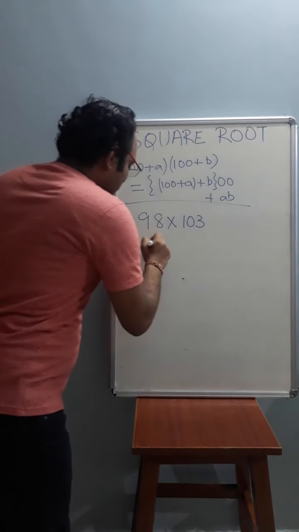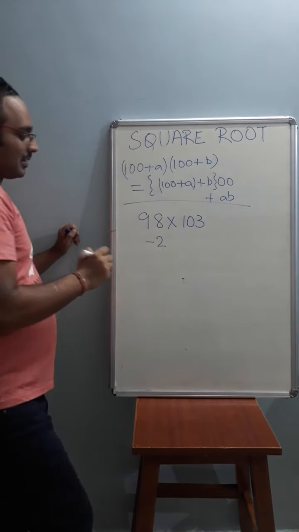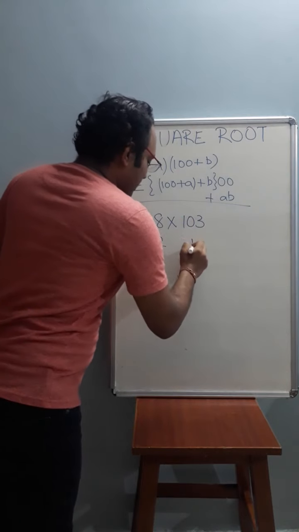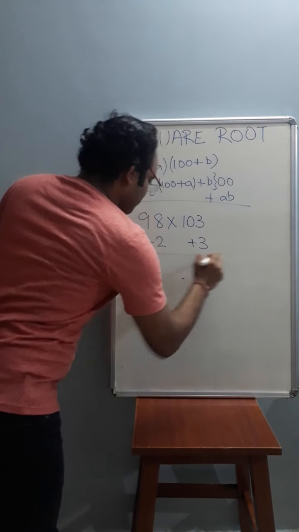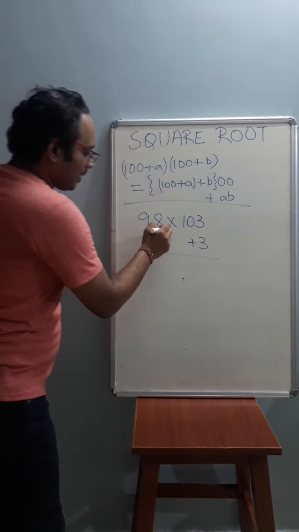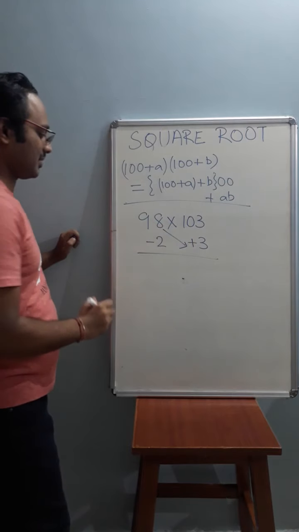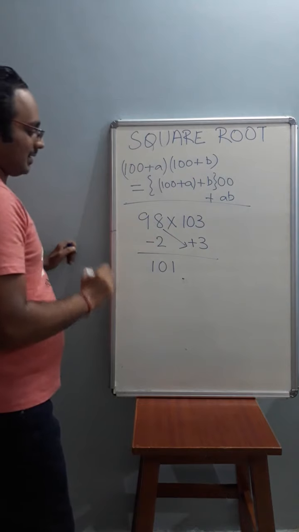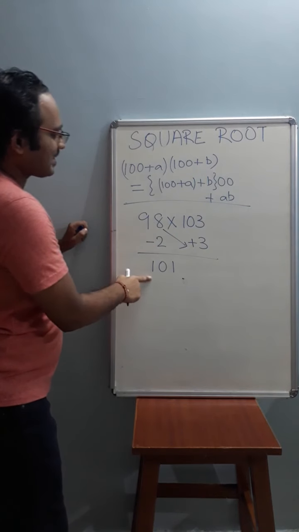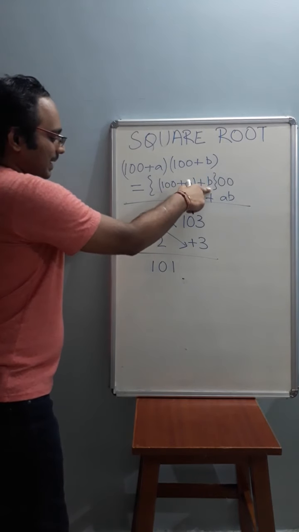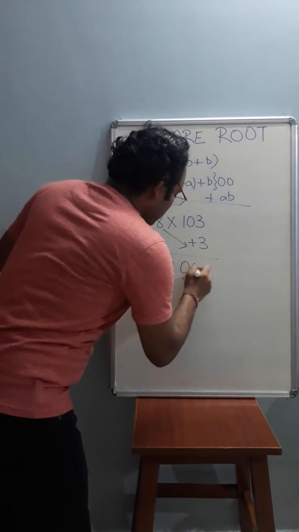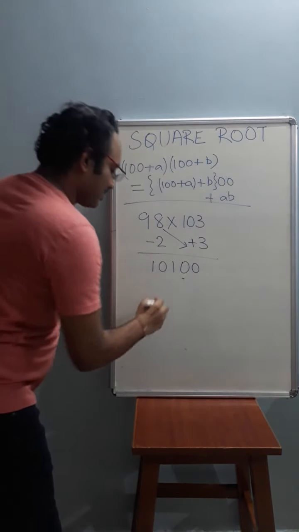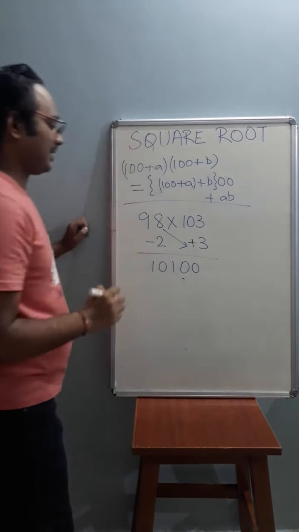98 is 100 minus 2. 103 is 100 plus 3. Now cross add. 98 plus 3 is 101. Now 101 is 100 plus A plus B followed by 2 zeros, plus AB.